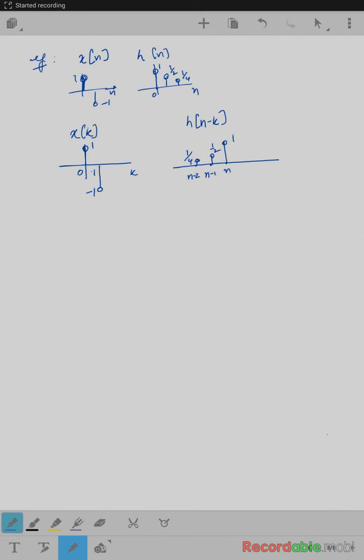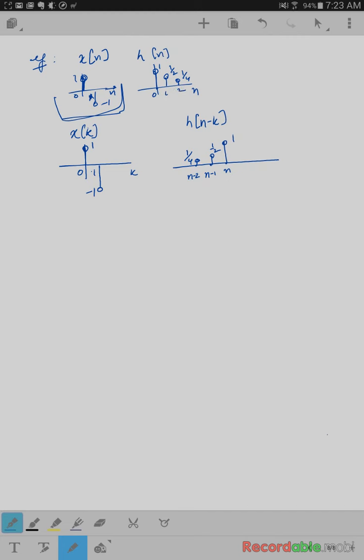Let's quickly look at the same example again. You have an x of n, which is given by 1 and minus 1 at 0 and 1. And h of n is taking values 1, half, and a quarter at 0, 1, and 2. Both of these signals are 0 otherwise.